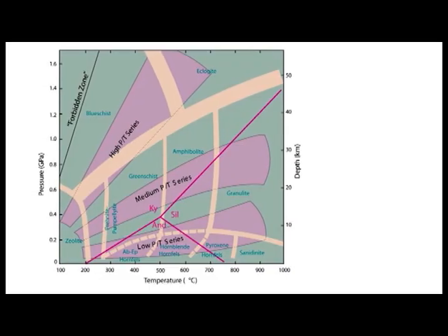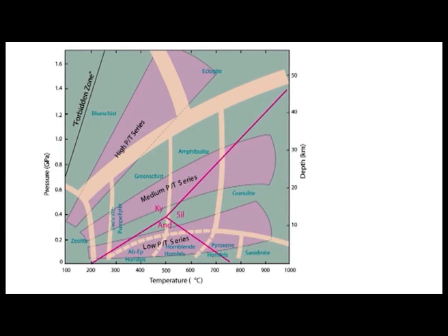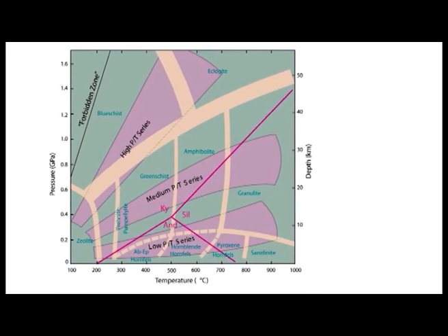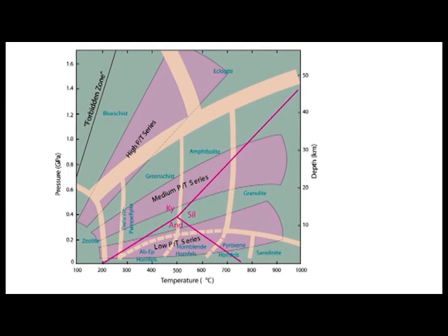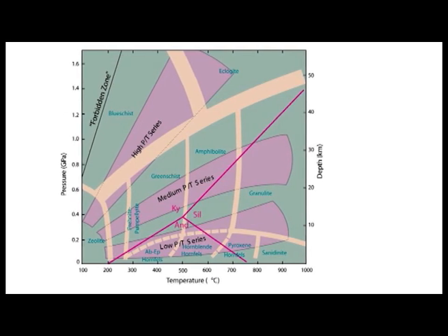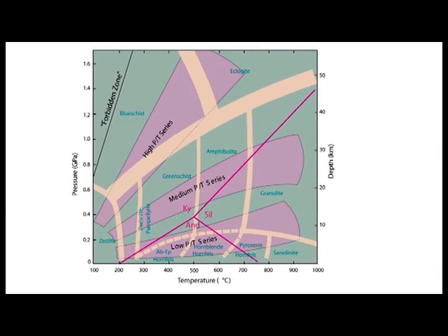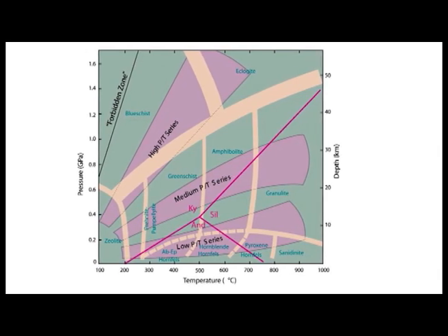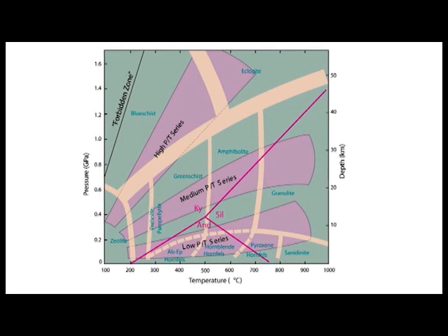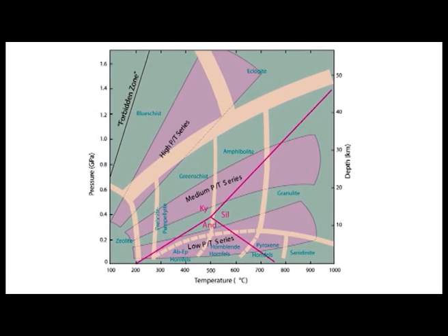Miyashiro in 1961 realized that regional metamorphism varies from place to place in a plate tectonic setting. Miyashiro originally recognized three different metamorphic facies series. These facies series were produced by metamorphism under different pressure conditions, for example, high pressure, intermediate pressure and low pressure.